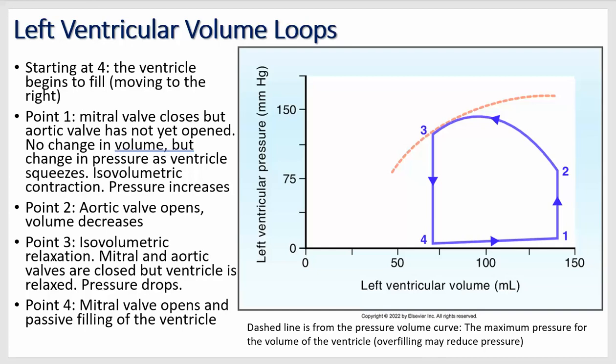And we can see that volume increase or decrease is on your x-axis, and your pressure increase and decrease is on your y-axis. So if we move through the entire process here, we can see that we have an increase in volume. Okay, so this is going to be associated with filling of the left ventricle.